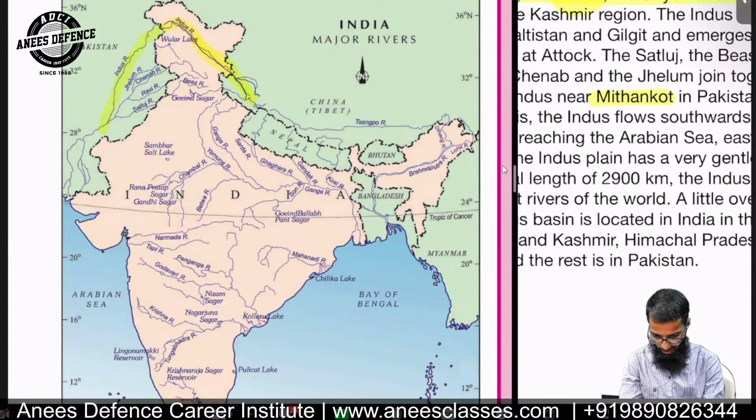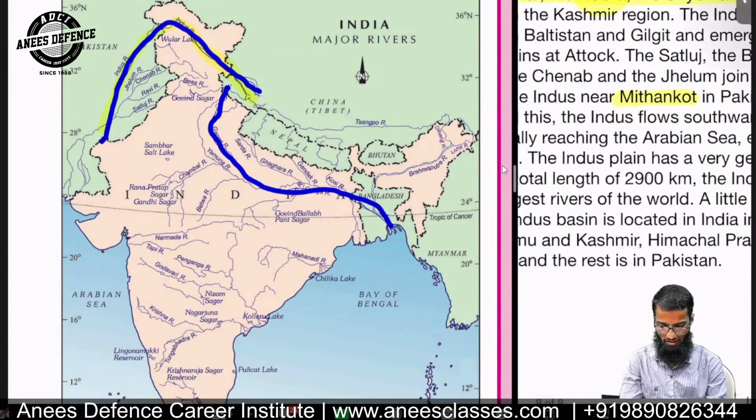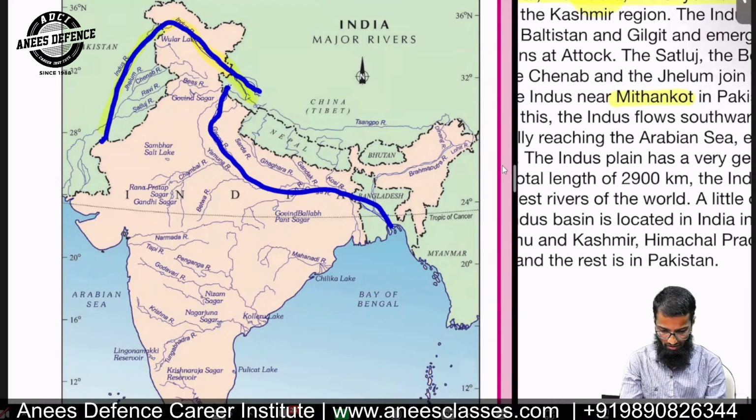It started flowing, and it almost takes a U-turn. And you have the Ganga river, flowing like this. This is how it flows. And this is how the Indus flows. Remember that. And this is how the Brahmaputra flows.